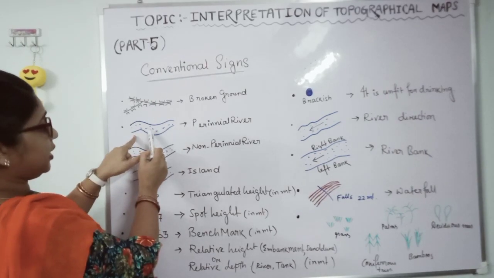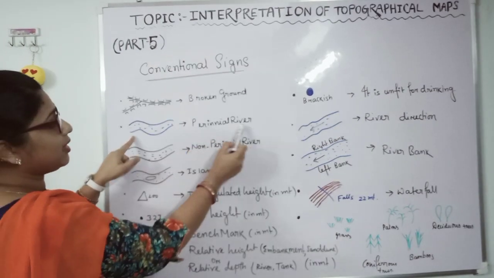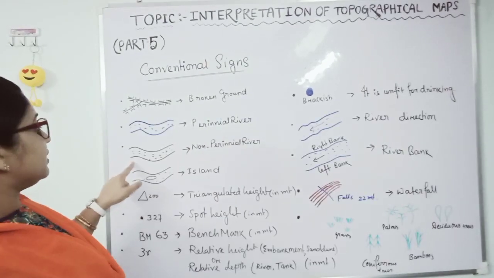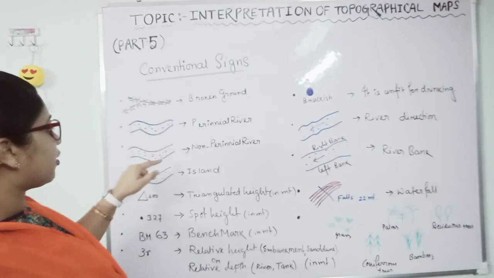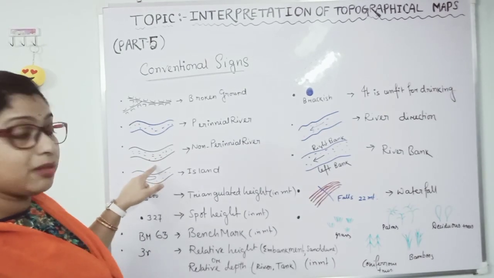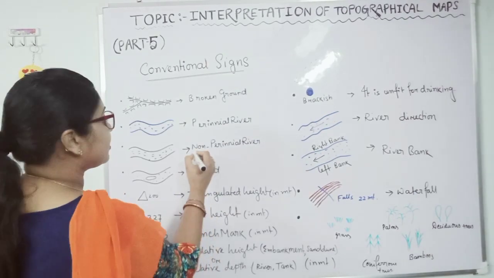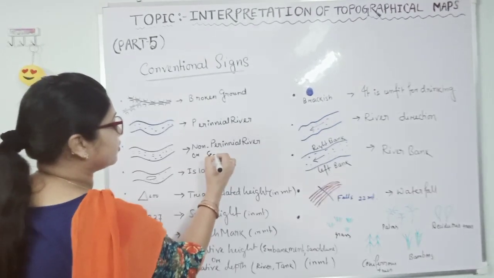Next is a river. In blue color, that is a perennial river, meaning throughout the year there will be water. And in the same way, another stream or river shown in black color means a non-perennial river, or we can say a seasonal river.